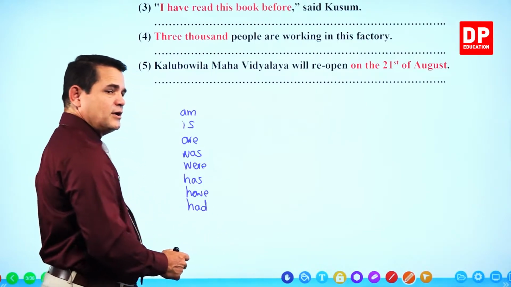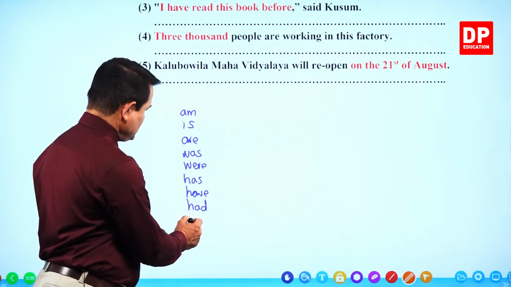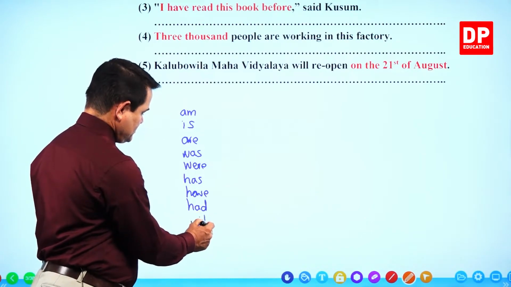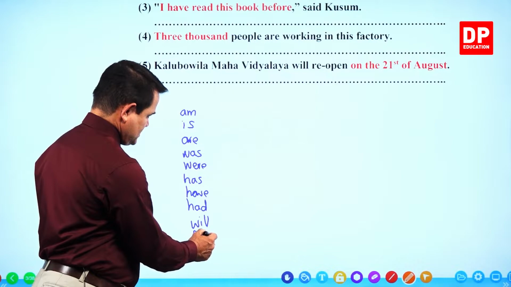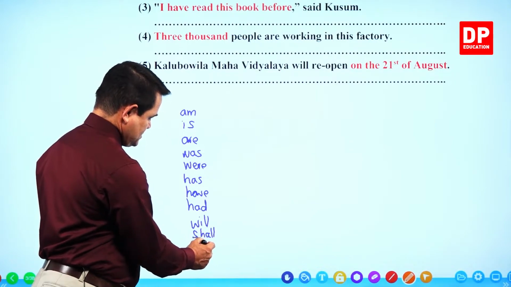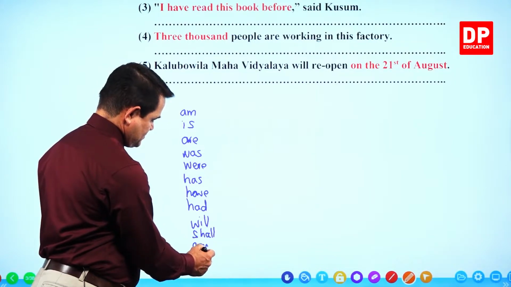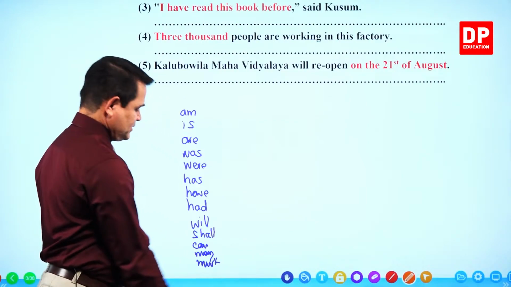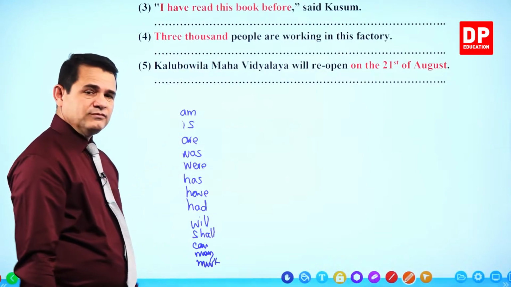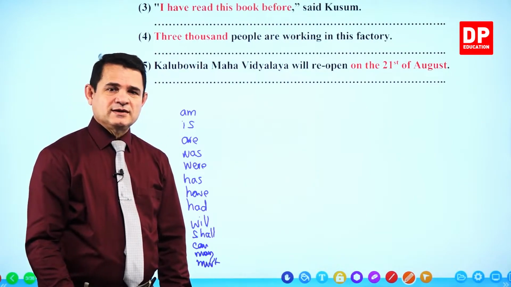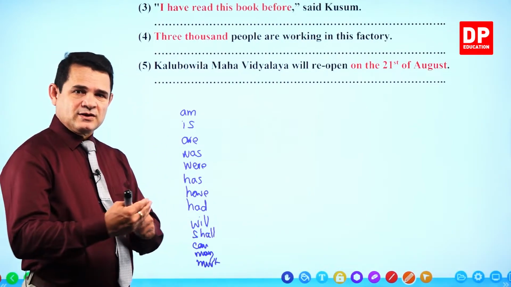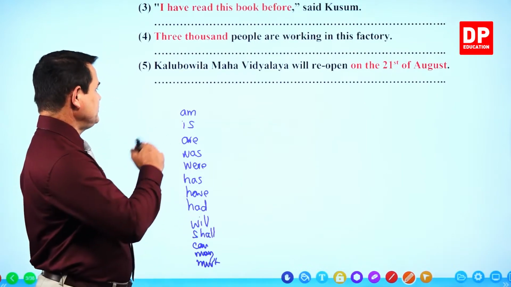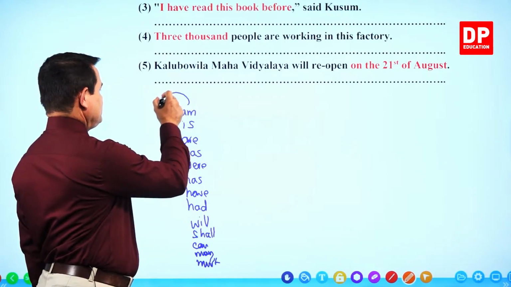I mean, any modal auxiliaries like will, shall, can, may, must. So if you find these kinds of words in a sentence, වාක්‍යයක මෙන්න මේ වගේ වචන තිබුණොත් to form the question, you take it to the front. ප්‍රශ්න හදන්න අපි ඒක මුලට ගන්නවා විතරයි.